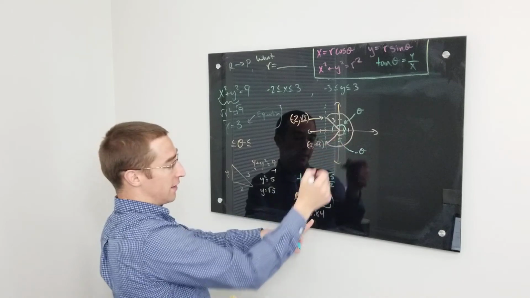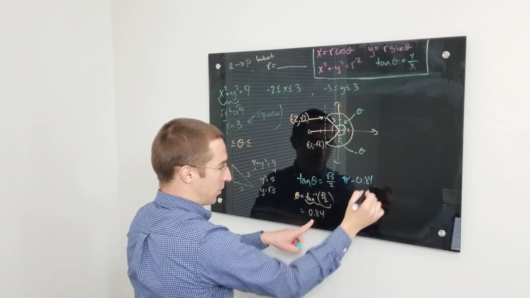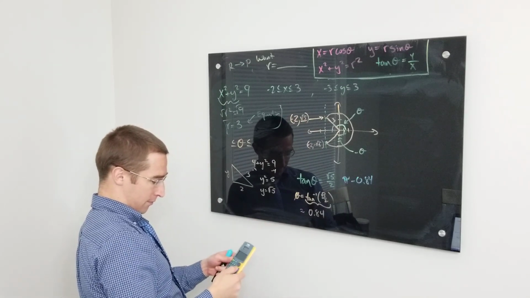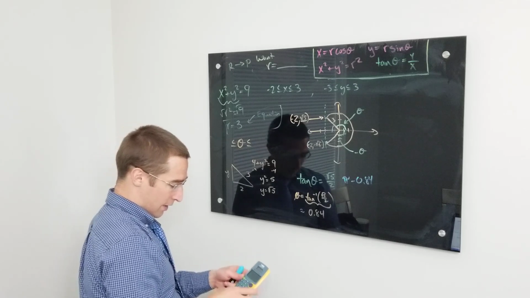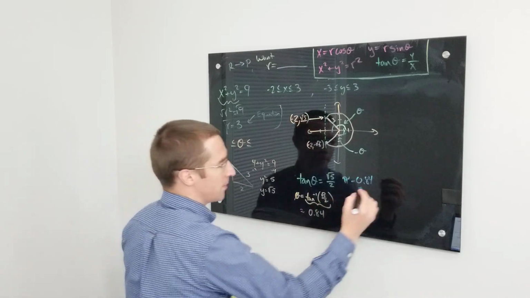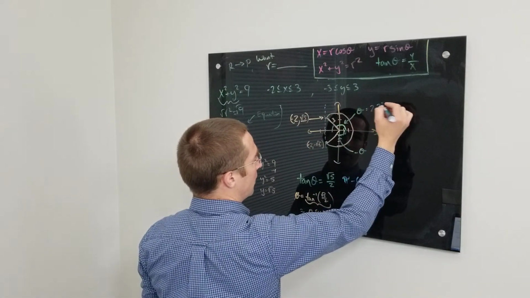To find theta, it's going to be pi minus 0.84. So pi minus 0.84 is about 2.3. 2.301, so about 2.3. So this angle is 2.30.